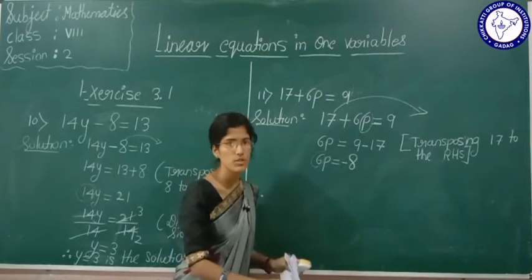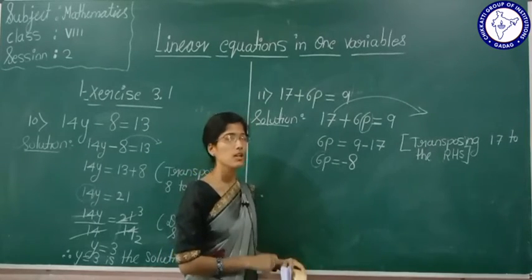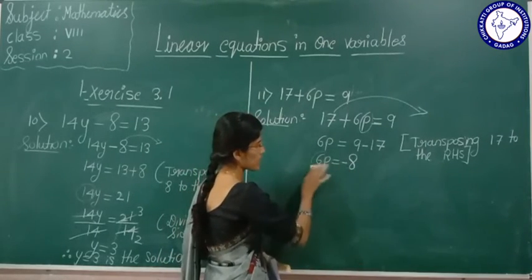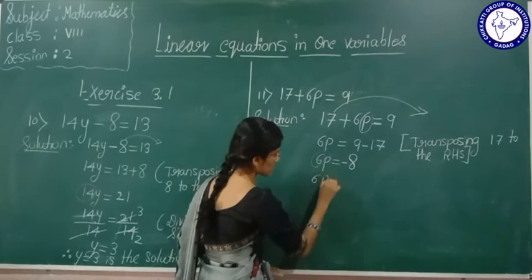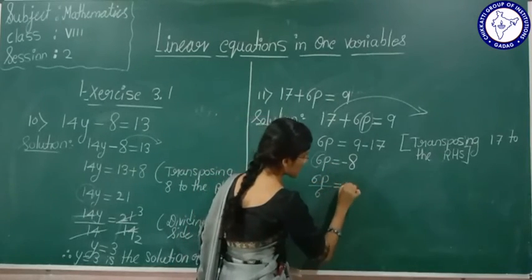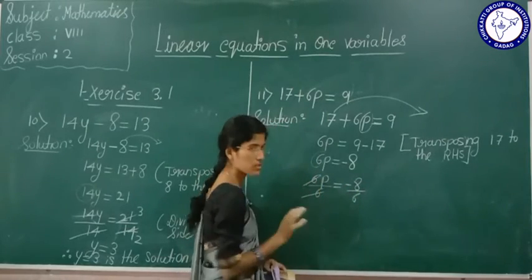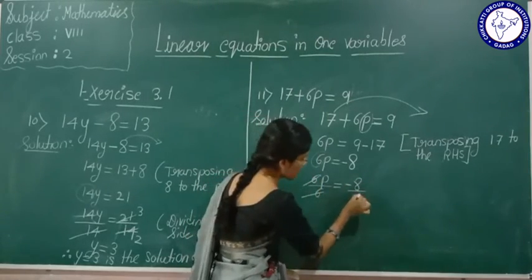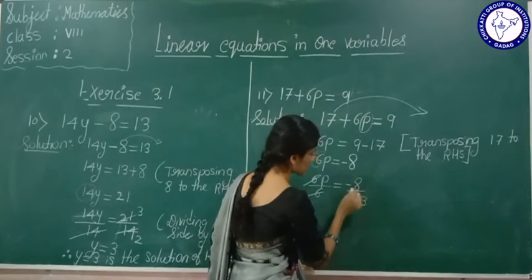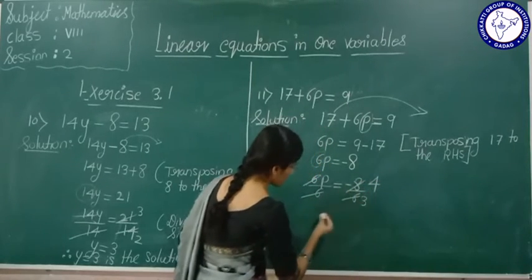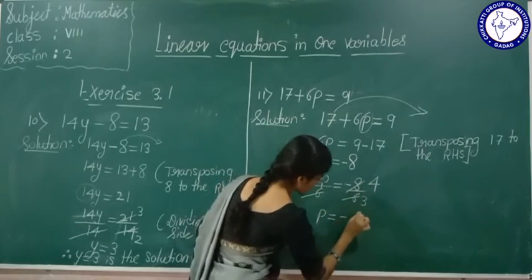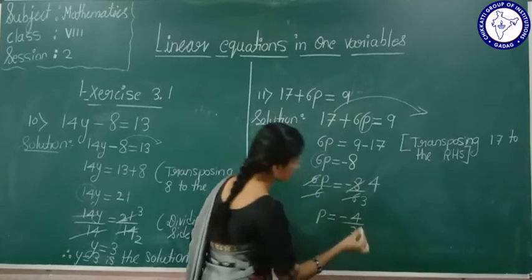So many problems you have solved now. Just think. We have to divide both sides by 6. So dividing both sides by 6. Now see, 6 will get vanished. 2 3s are 6, 2 4s are 8. So what is the answer? p is equal to minus 4 by 3.